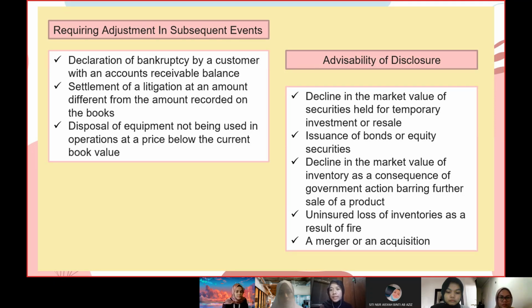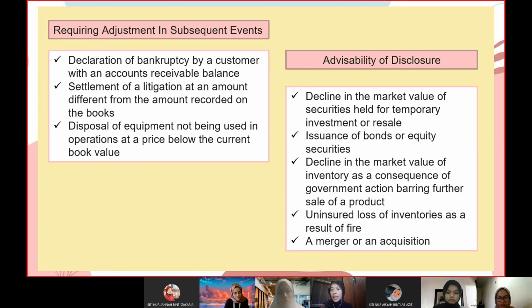Okay, then we will see the advisability of disclosures. What is the advisability of disclosure? First, a decline in the market value of securities held for temporary investment or resale. Next, an issue of bond or equity securities.